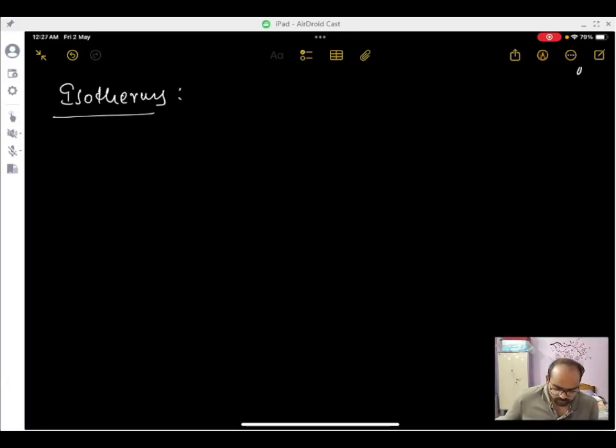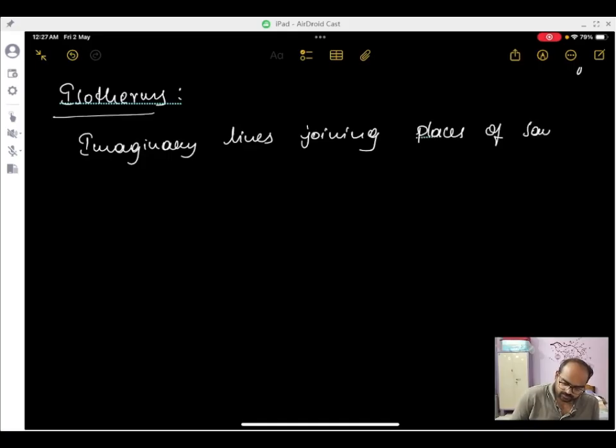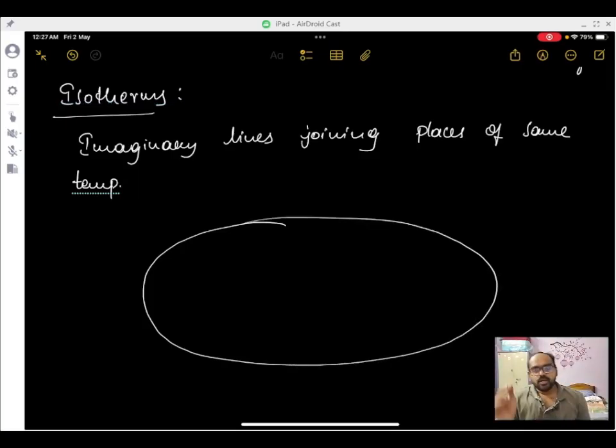Isotherms are nothing but imaginary lines joining places of the same temperature. See, if this is Earth, different parts of the Earth have different temperatures, right?